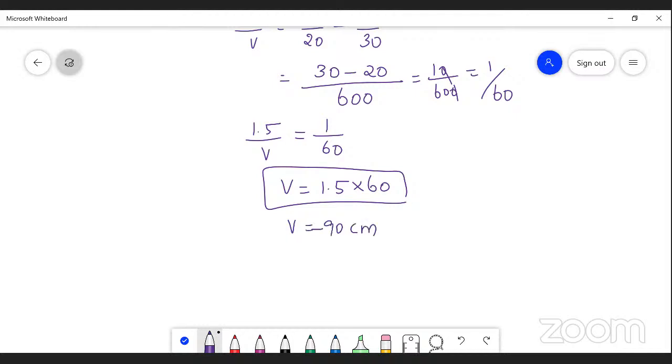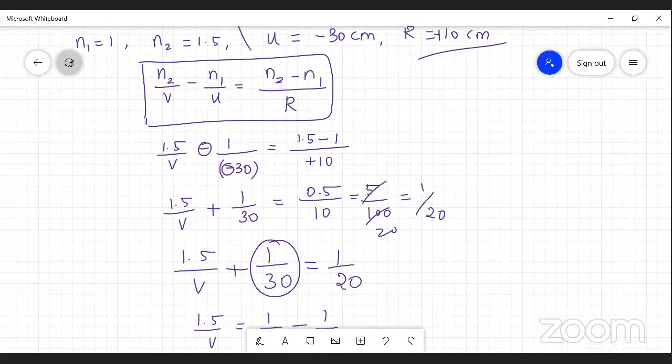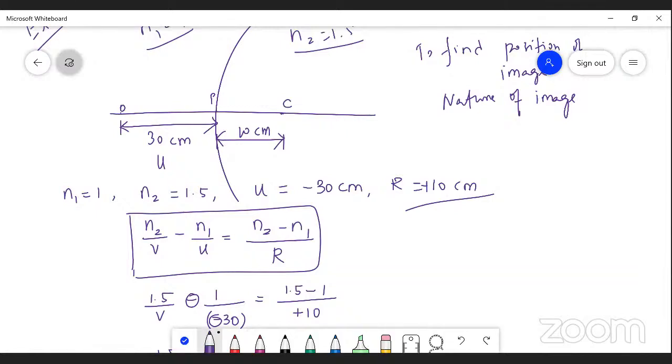V is plus 90 centimeter. What does this mean? A real image is formed. Where is it formed? Listen to me, see the diagram. V is equal to 90 centimeter. If the U value is 30 centimeter, the object is incident and refracted, and the image is formed here, at plus 90 centimeter, on the other side, the right side of the spherical surface.